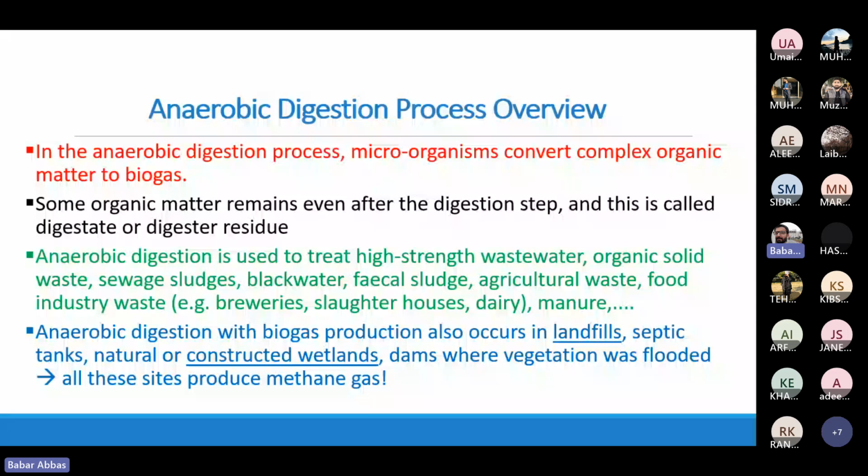Similarly, the septic tank does not have that much quantity of oxygen, and the anaerobic conditions are dominant. Constructed wetlands, dams where the vegetation or the organic matter is present. All of these sites are offering different levels of anaerobic digestion and contributing to the production of the methane and emission into the atmosphere.